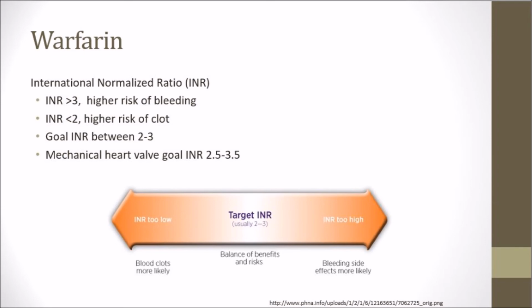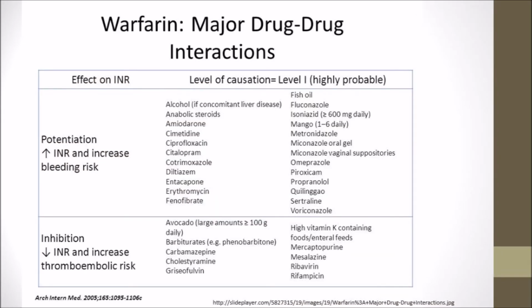Okay, after we can grasp the concept of INR, now we can look at the major drug-drug interactions with warfarin that will in turn affect your INR level. So the top part of the table shows substances that may increase your INR and thereby increase your risk of bleeding.